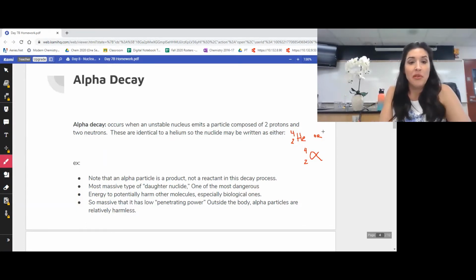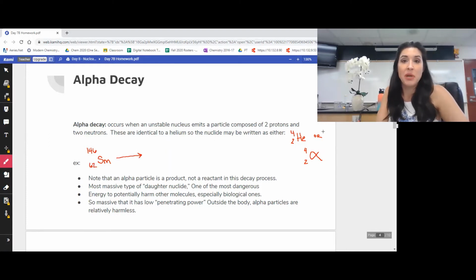Here's an example of how an alpha decay reaction could be written in nuclide notation. So I have samarium-146. Its atomic number is 62. It undergoes alpha decay, so writing this reaction arrow is another way of saying it undergoes alpha decay, to form 2 things: an alpha particle and a new element.